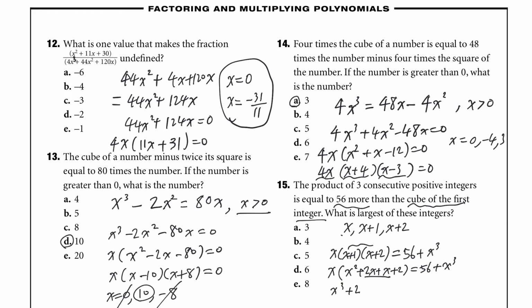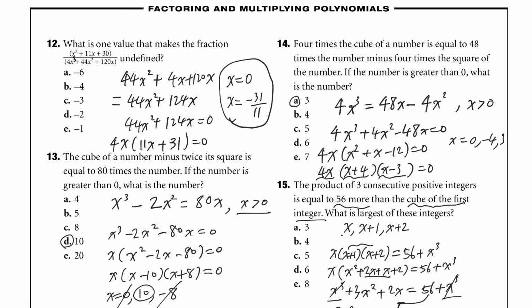So that's going to be 3x times x is 3x squared plus 2x equal to 56 plus x cubed. And notice I have x cubed and x cubed, so they can cancel. And I'm going to move 56 over to the other side. So I have 3x squared plus 2x minus 56 is equal to 0.